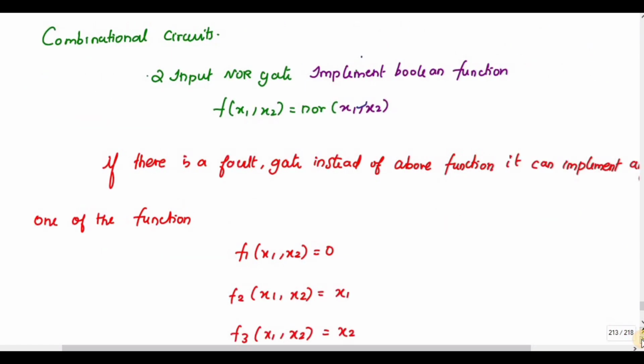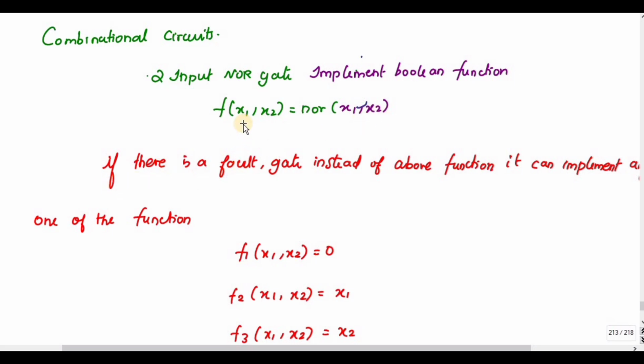So let us now discuss the fault model for combinational circuits. For that, we will go for the gates. First, let us discuss the gate, because a combination of gates makes a combinational circuit. Let us consider a 2-input NOR gate which implements the Boolean function f(x1, x2) = NOR(x1, x2).